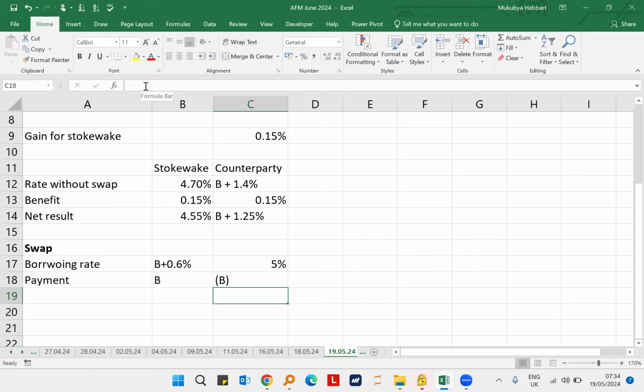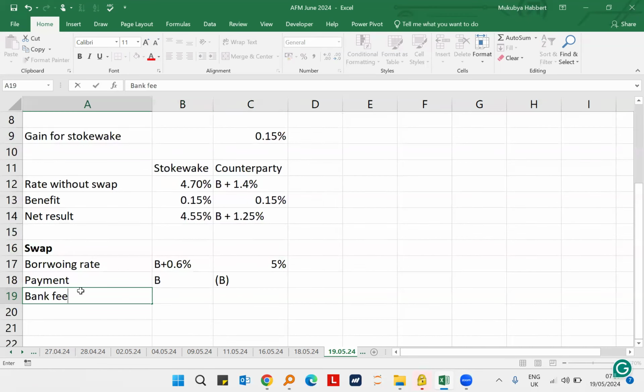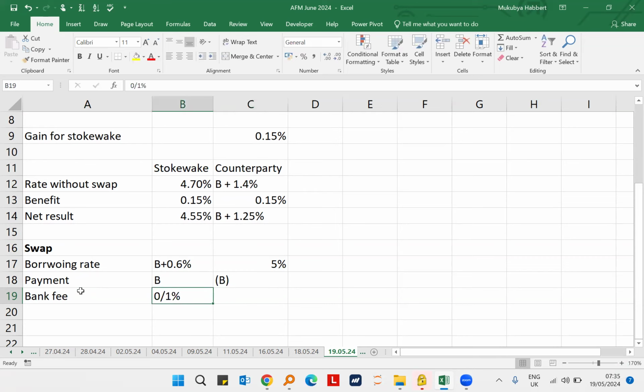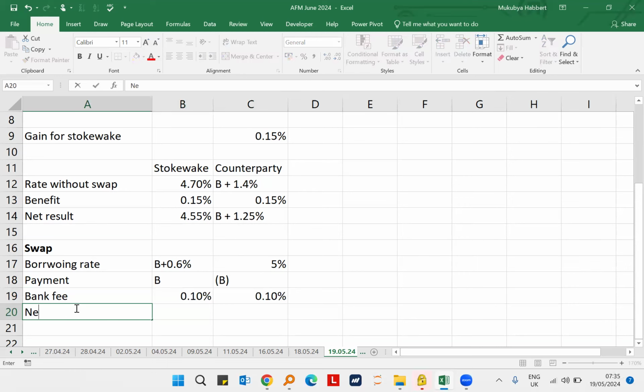so that at the end of the day, of course, the bank charges 0.15, 1 basis point, which is 0.1%. Even here, 0.1%. So the net result will be, so now remember, start with base rate, and this base rate now has done what?